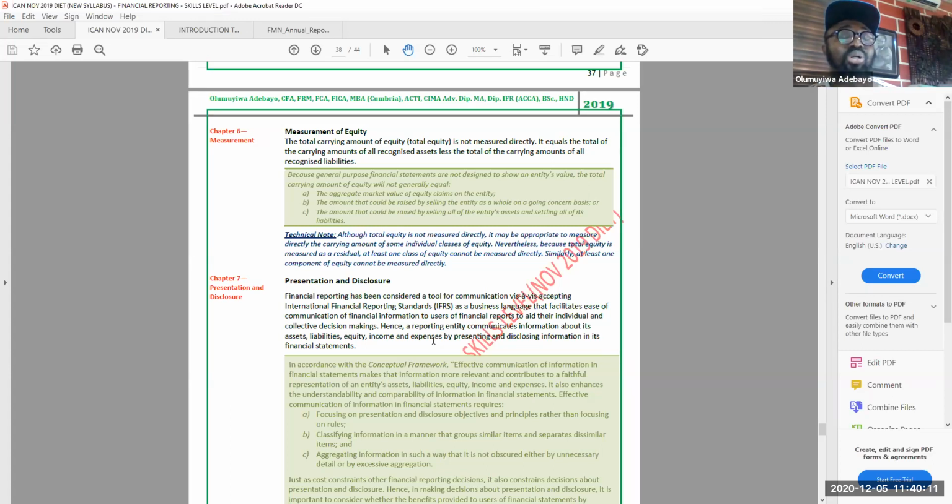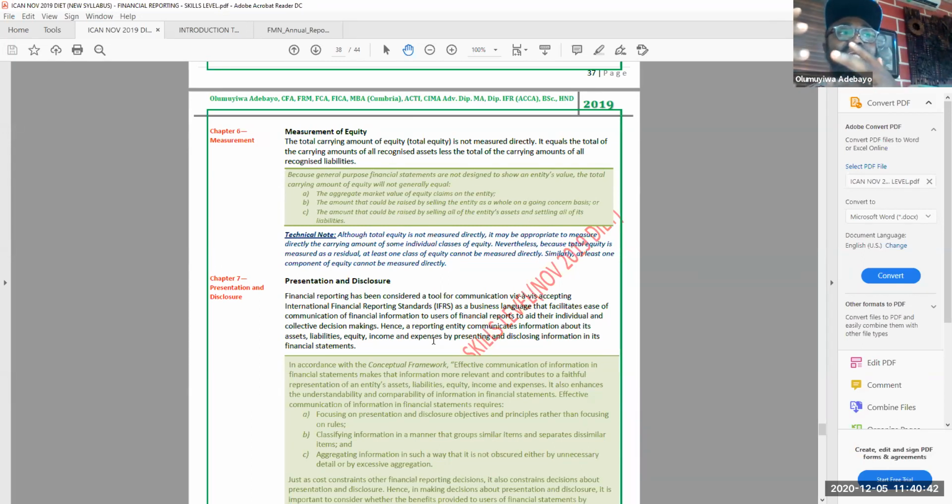The amount that could be raised by selling the entity as a whole on a going concern basis, nor will it reflect the amount that could be raised by selling all of the entity's assets individually and using it to settle the liabilities individually. There's a technical note I emphasized here. Although total equity is not measured directly, it may be appropriate to measure directly the carrying amount of some individual class of equity.